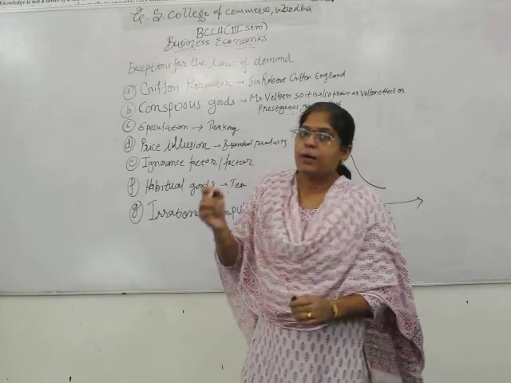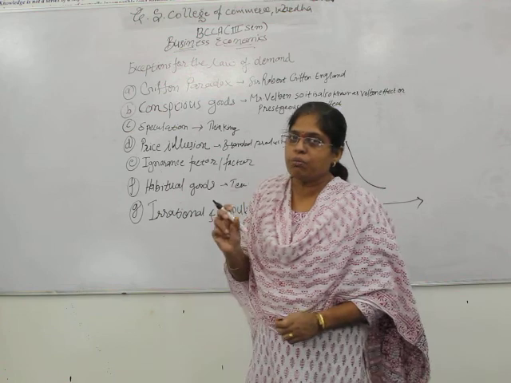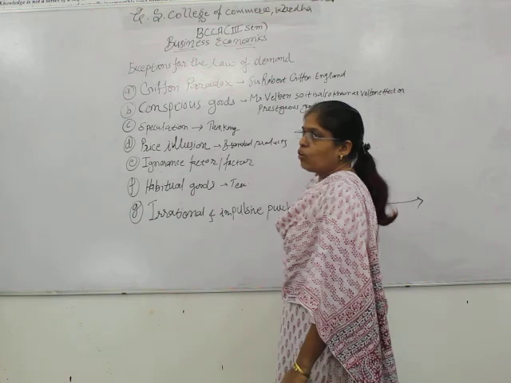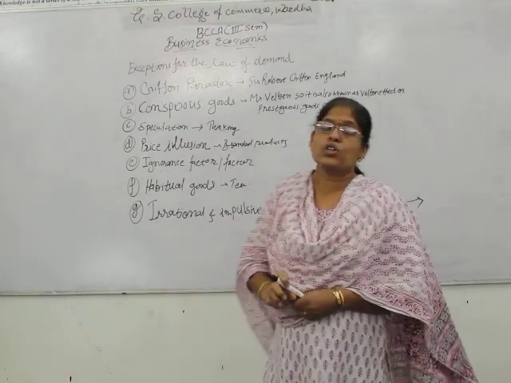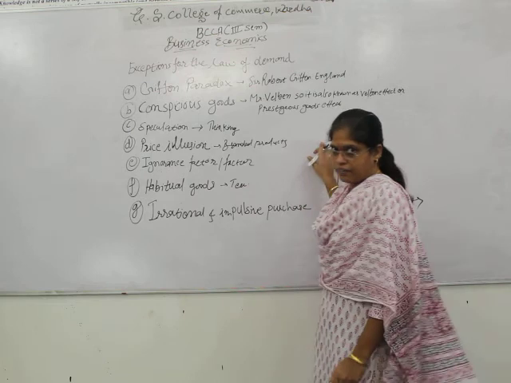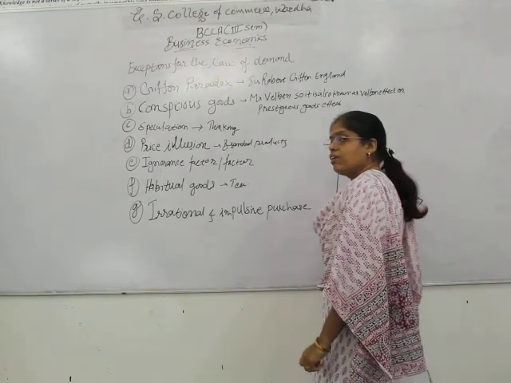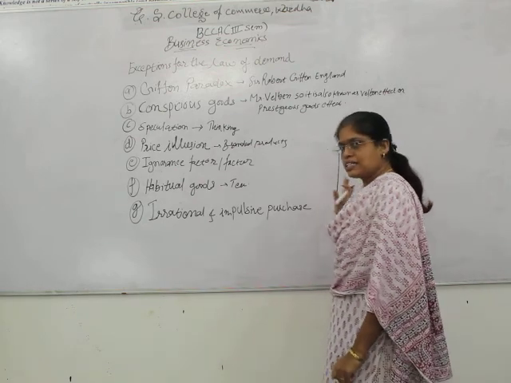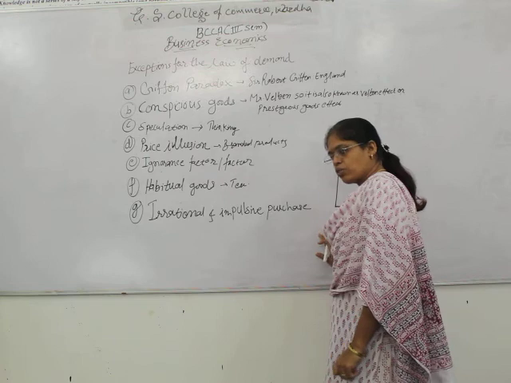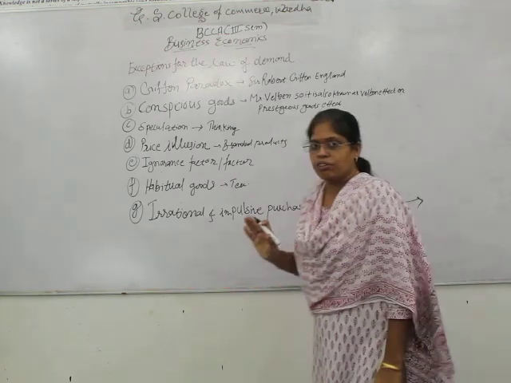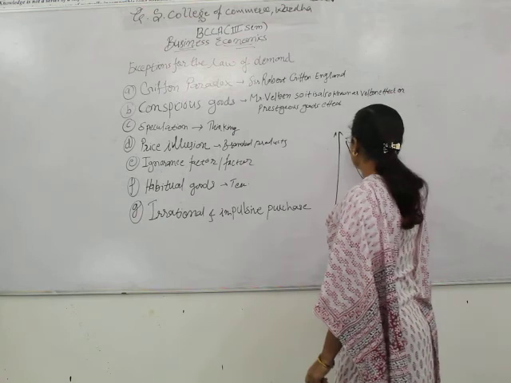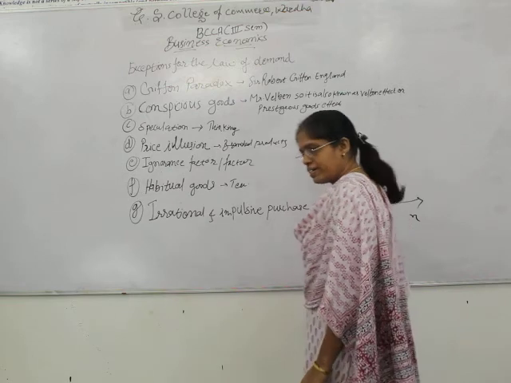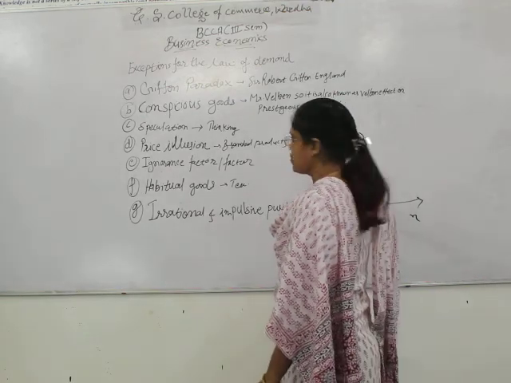When the price of the product is high, the product is less demanded in the market. But when the prices are low, the demand for the product will be high. So the demand curve slopes downward from left to right.